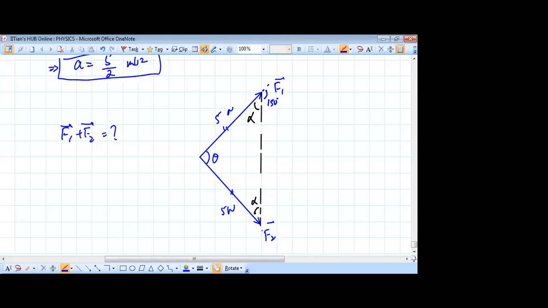And similarly, this angle here was given to us as 150.